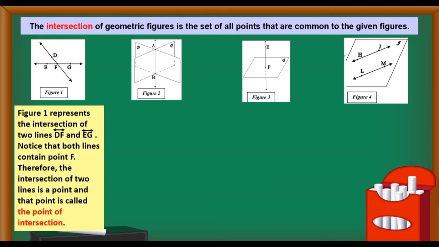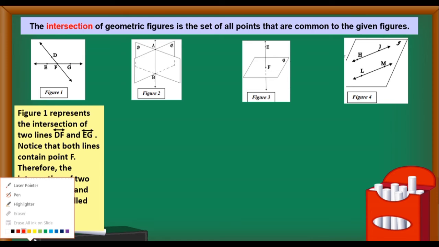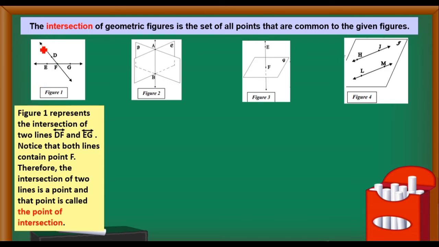So, sa figure 1, represent the intersection of two lines. So, merong dalawang line na nag-intersect. Okay? Si line DF and line EG. Okay? Para makita natin ng husto, lagyan po natin ng kulay. Ayan. Ito na lang red. Okay? So, line DF, ito po yun, at si line EG.